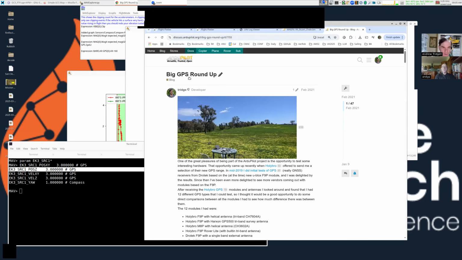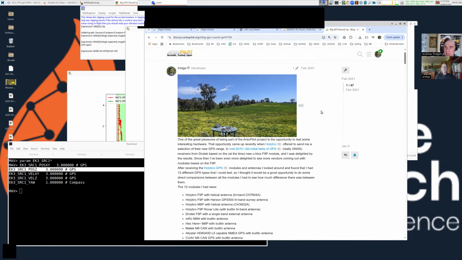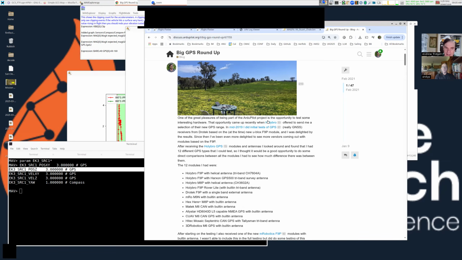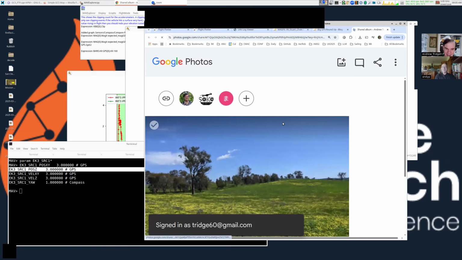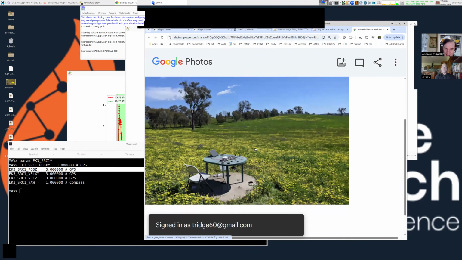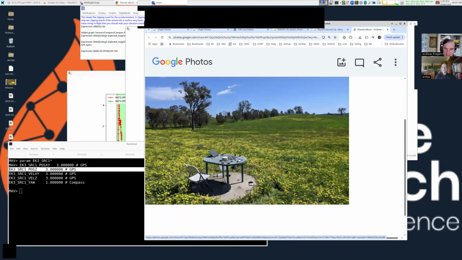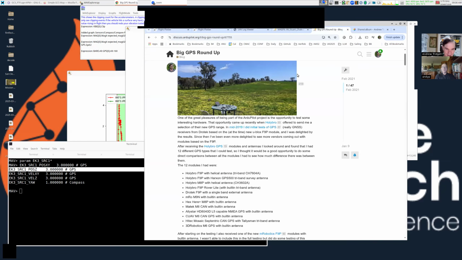So if you search for Big GPS Roundup, you'll find my article. And I did a sort of a deep dive into GPS accuracy. And so I had this little table, in this nice little location out. It was a beautiful spring day, and I had lots and lots of GPSs on this table, and I was doing lots of long-term measurements on their accuracy.